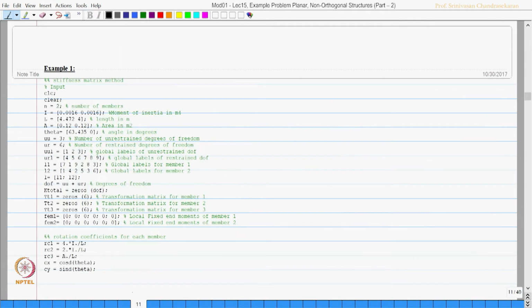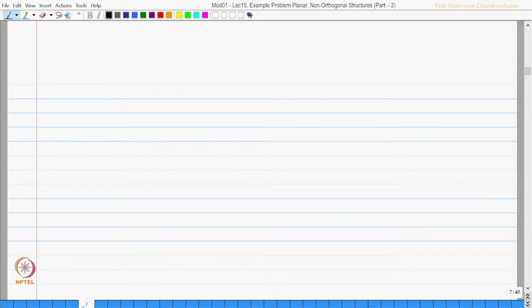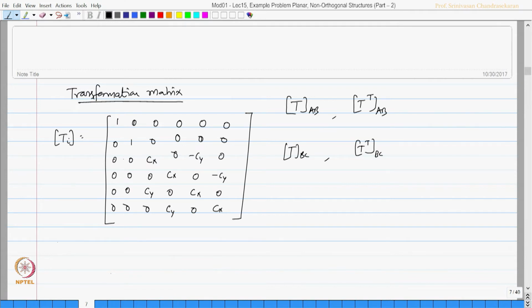So, with this logic, the joint load vector can be entered as 0, 0, plus 10.